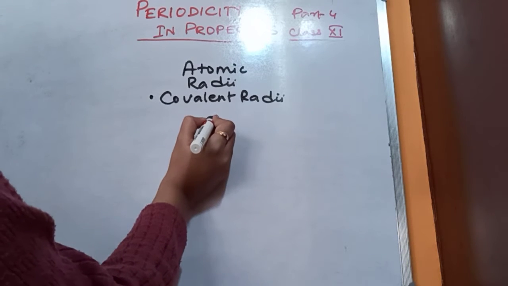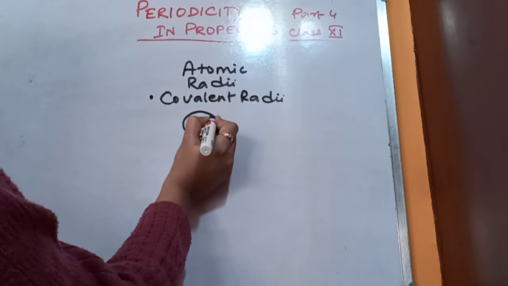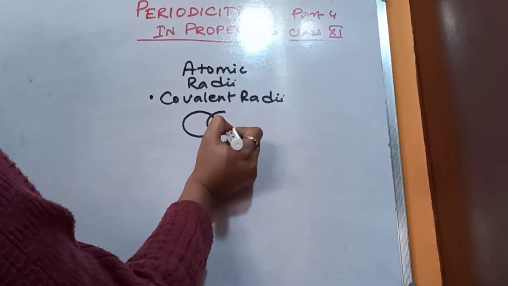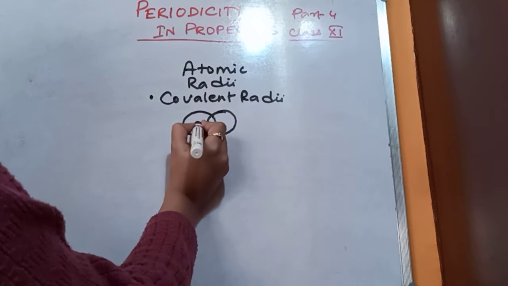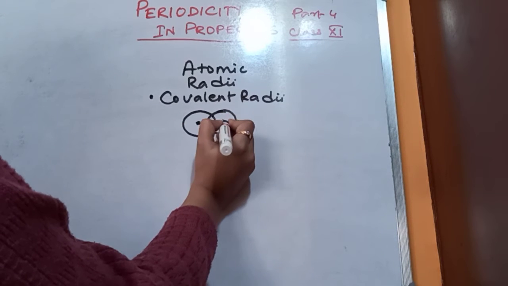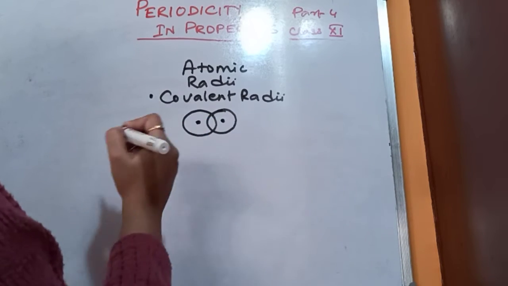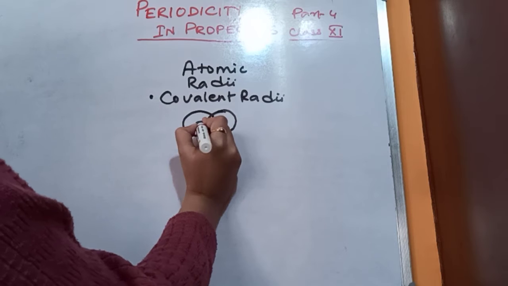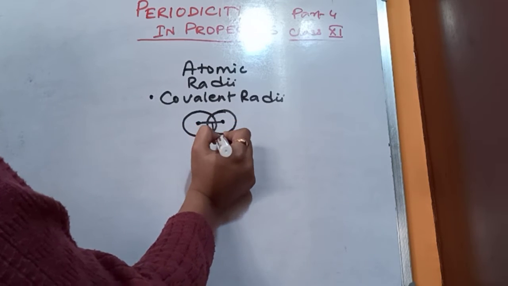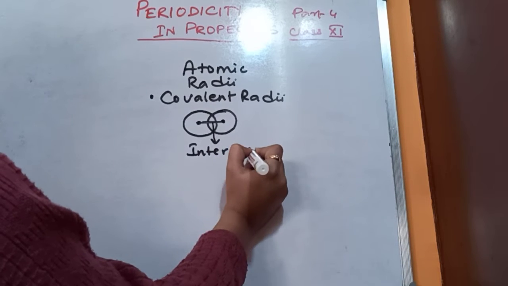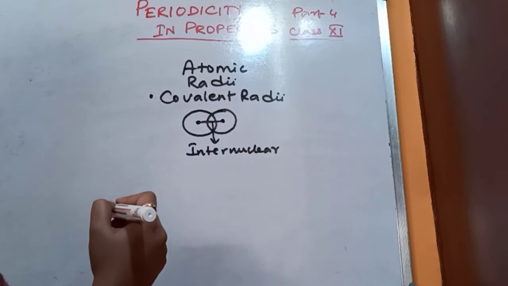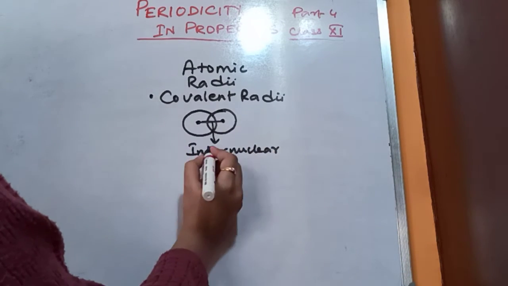We know that covalent molecules are formed by the sharing of electrons. So, if this is the nucleus of this atom, and this is the nucleus of the other atom, then this is the internuclear distance, meaning the distance between the nuclei of the two atoms.